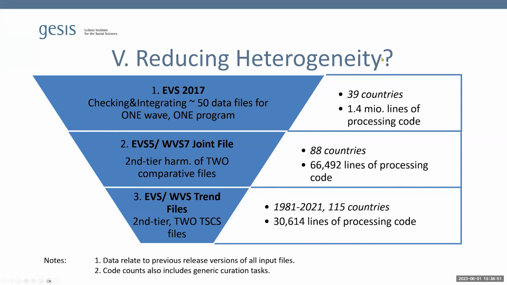But the question is how much of it goes away really, or is just hidden. I will leave that for you to decide when you work with the data. But it's probably illustrative of what you have to expect depending on where you start with your own harmonization effort, if you ever embark on such a project.